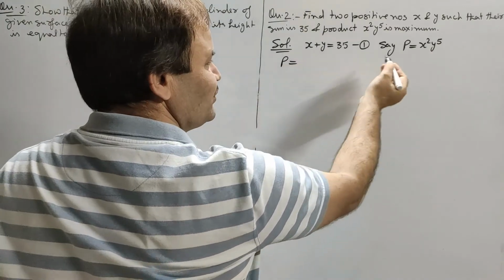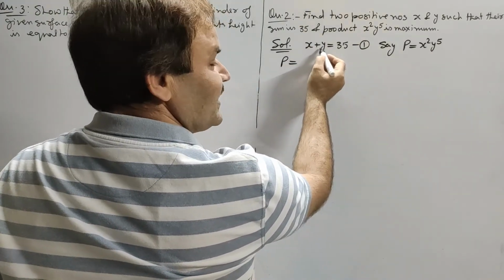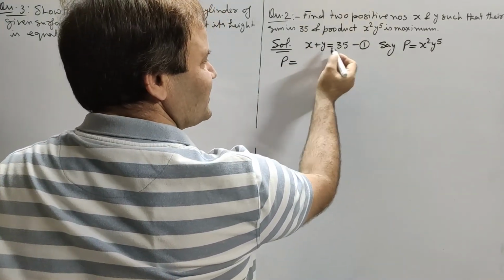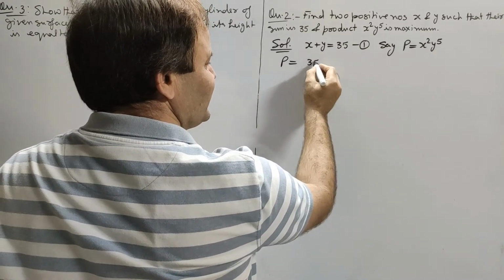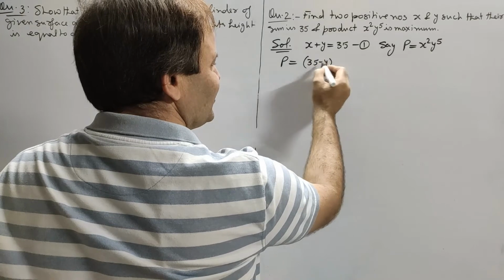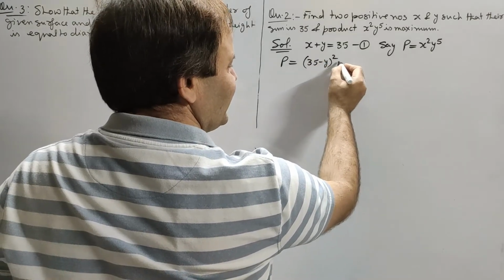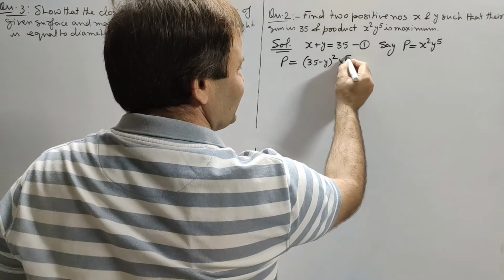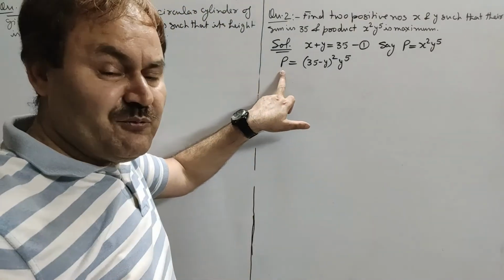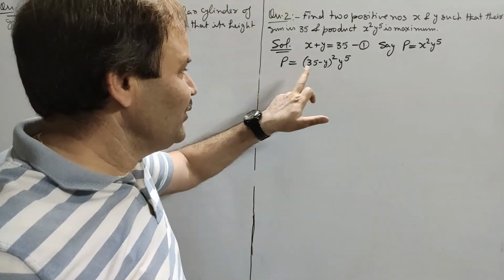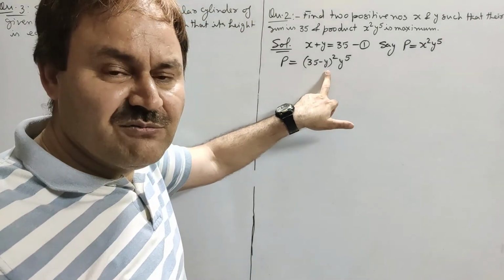P is equal to, x will be obtained from the first, and that will be 35 minus y. So (35 minus y) whole square into y to the power 5. Now the value of P is depending only upon the value of y.